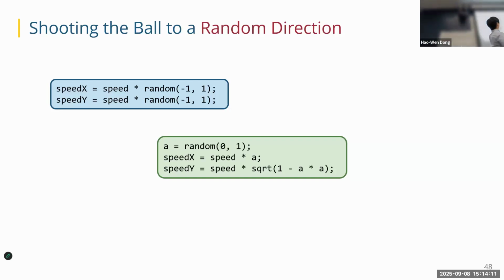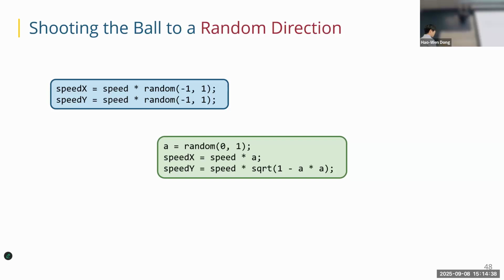So the second option is to compute y given that we have the actual speed. We will get speed x, and assume we know how long the speed is. Say the speed is always equal to 5 or 10, whatever.